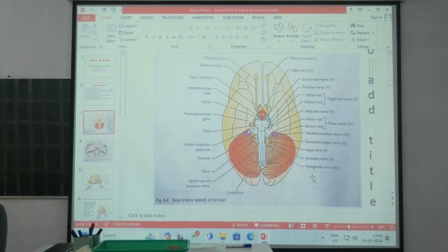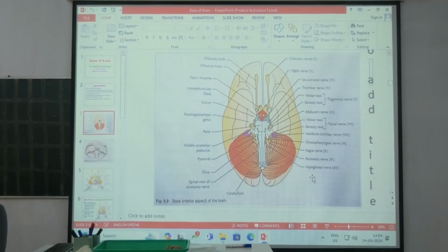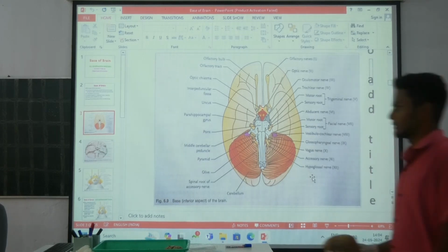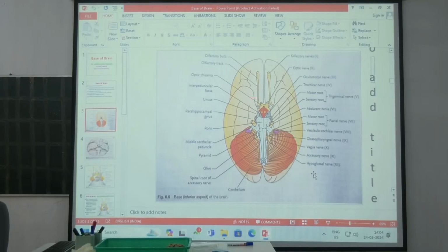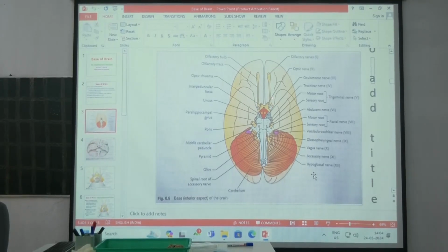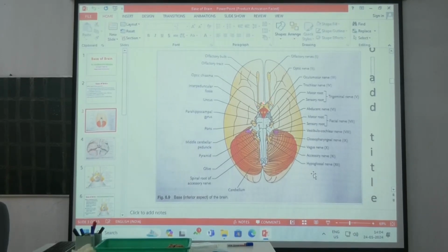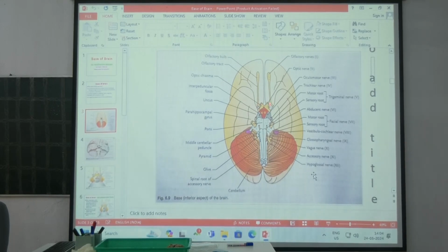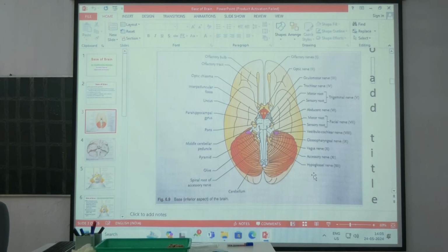Midbrain, pons, medulla, like this. And here is the cerebellum. See the contents of this interpeduncular fossa. Anteriorly, behind the optic chiasma, this is the infundibulum stalk. It is connected with the pituitary gland. These rounded structures are the mammillary bodies.